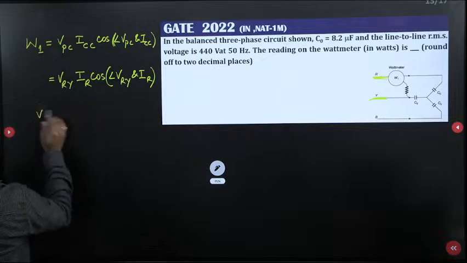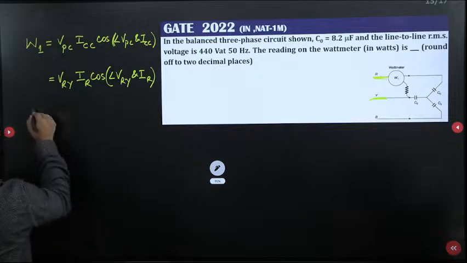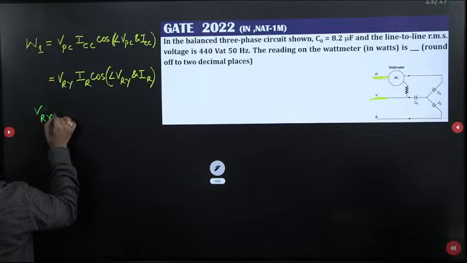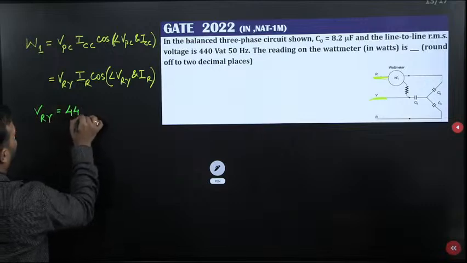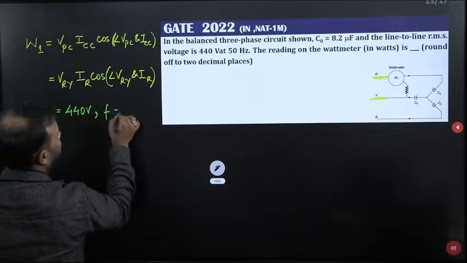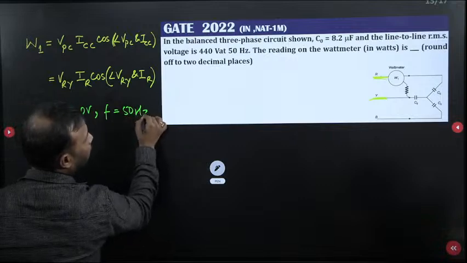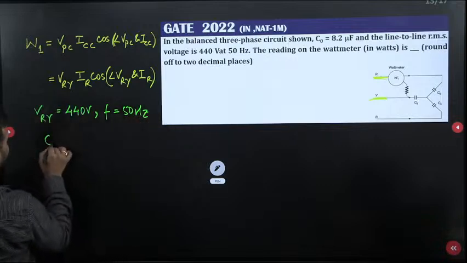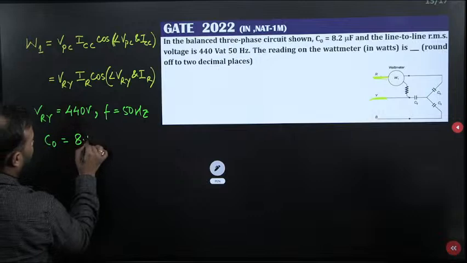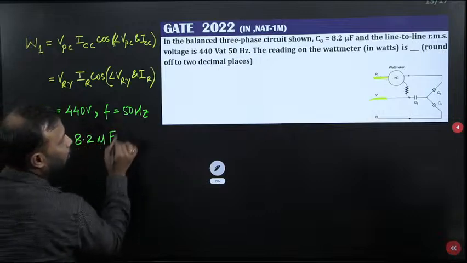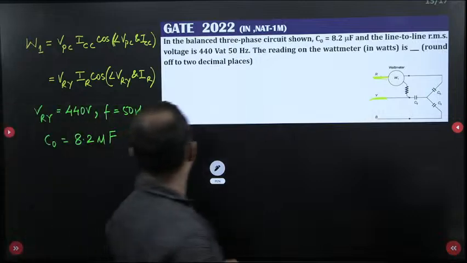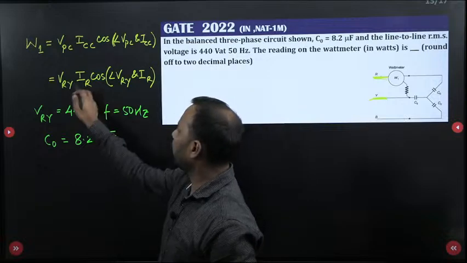So V RY is equal to 440 volt, and frequency is 50 hertz. Any more value given? Yeah, capacitor value, which is 8.2 microfarad. Okay, so my task is to calculate V RY and I R.